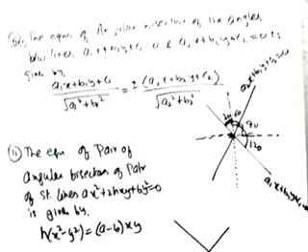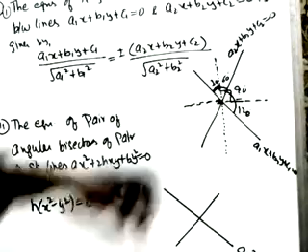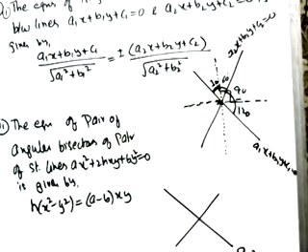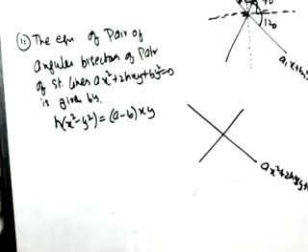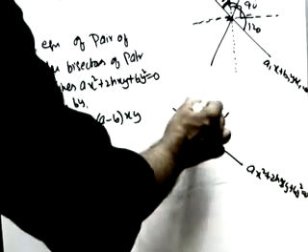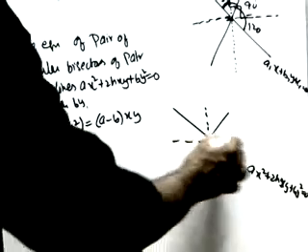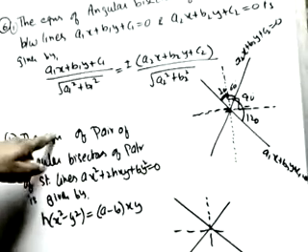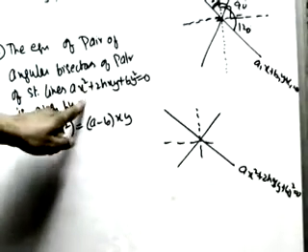And see here, same conditions, a little difference. Here we are given two different lines, two different equations of lines. If the two equations are given separately, then we say the pair of angular bisectors is this one.